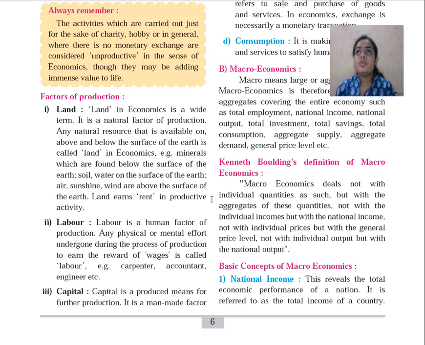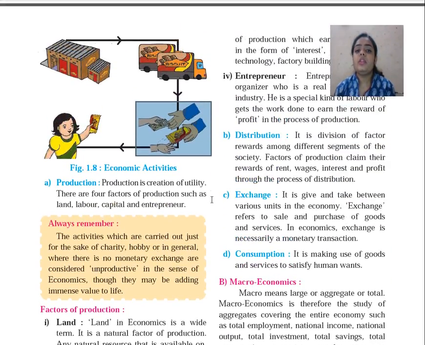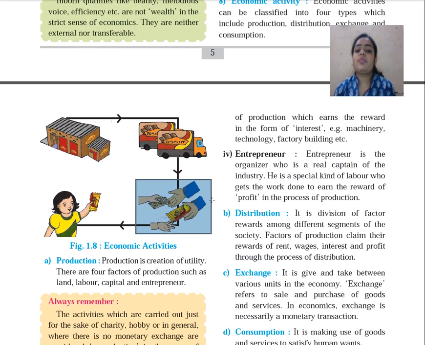So basic cost shall be capital cost when we calculate in a business. It is the factor of production which earns the reward in the form of interest. Example, machinery, technology, factory building, etc. These all shall be included in capital.